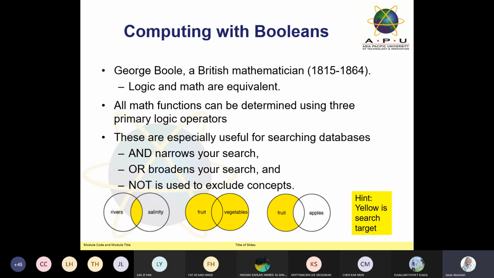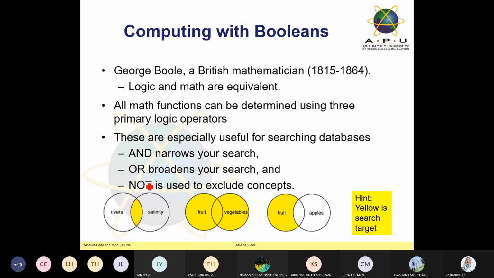AND narrows your search, OR broadens your search, and NOT is used to exclude a concept. Based on these three circles, we can call it a union. Which one is and, which one is or, and which one is not? The first one is and, because it narrows your search.